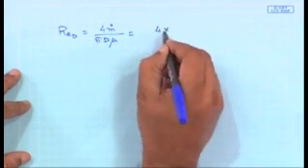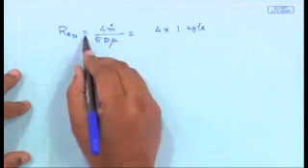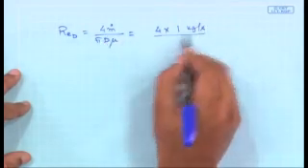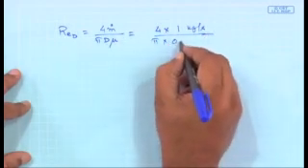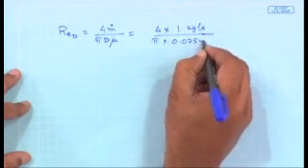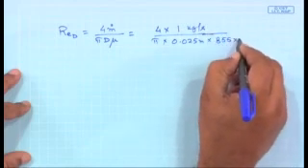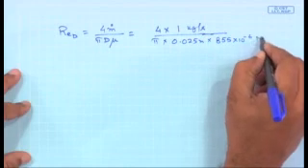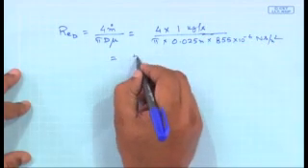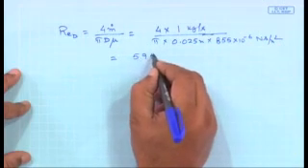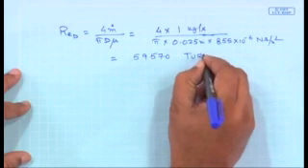So, 4 into m dot, which is 1 kg per second, this is for flow through one tube, by pi times 0.025 meters, and times mu is 855 into 10 to the power minus 6 Newton second per meter square, and the value is going to be 59,570, which is definitely a turbulent flow.